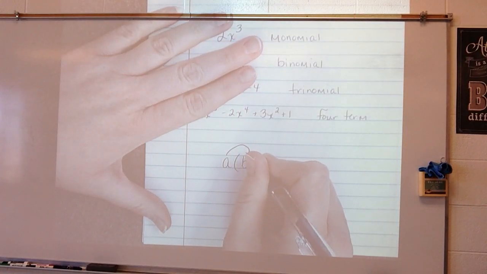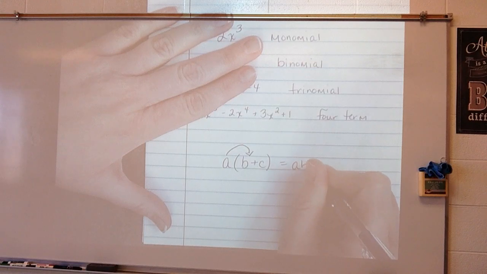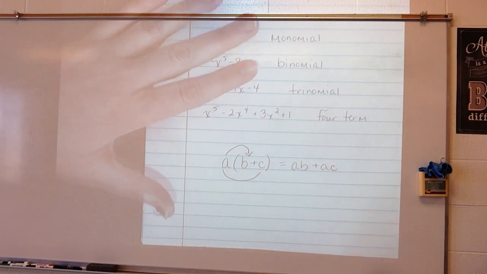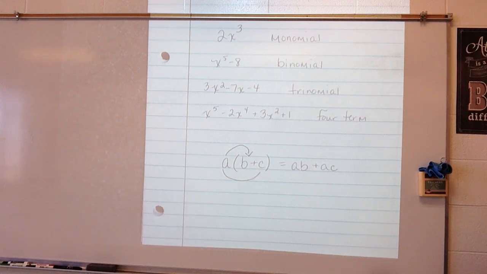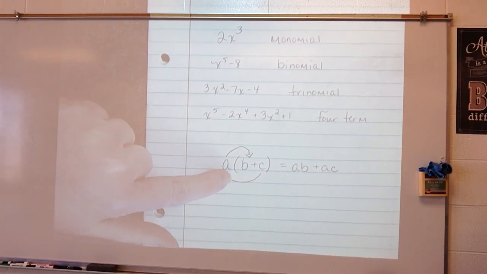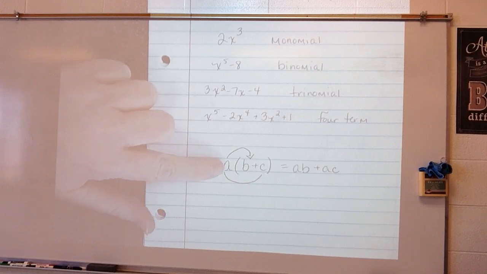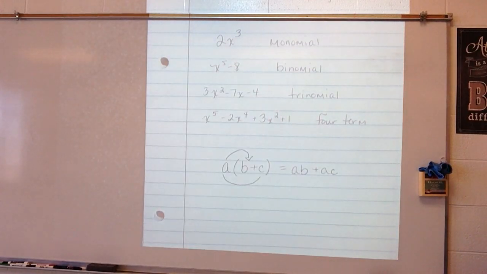So I would multiply it times the B, and I would multiply it times the C. When I do that, I get AB plus AC. The one thing I notice about the distributive property is a lot of times students will multiply it by the B, but they will not think about multiplying it by the C. With the distributive property, I have to multiply what's outside by everything inside.